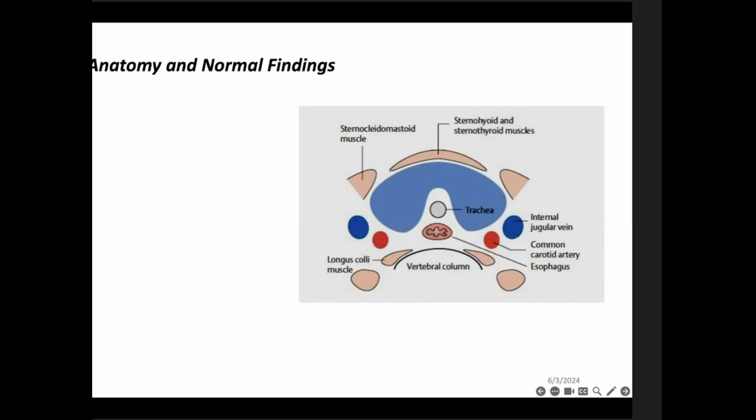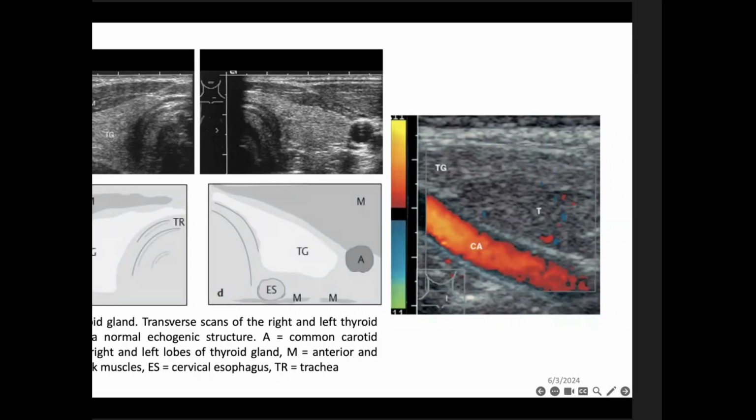Okay, much deeper than that, we have the vertebral column and the longus colli muscles, but we don't usually visualize these structures because, as you can see, the thyroid ultrasound images don't go deep enough, because we want high resolution evaluation.